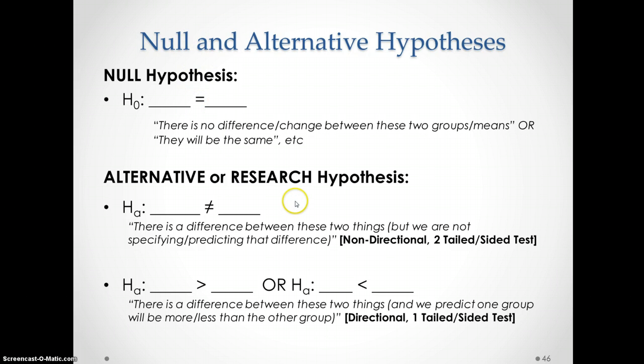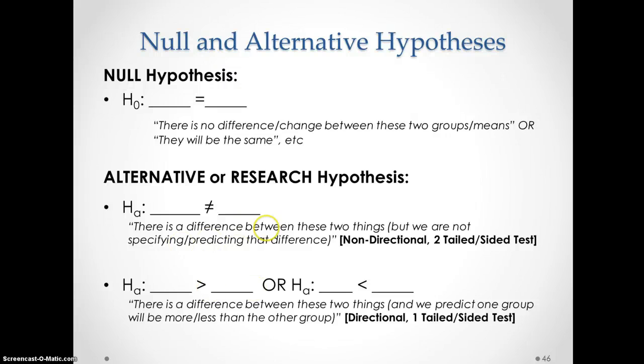Now, why we write the alternative or the research hypothesis is because this is what we hope will happen, or what we expect to happen, or what we predict to happen, or what we hypothesize to happen. So let's say we weren't sure if this new cool way of math was going to make scores better or worse, but we did have a good idea that they would be different from the kids who were just taught the regular way.